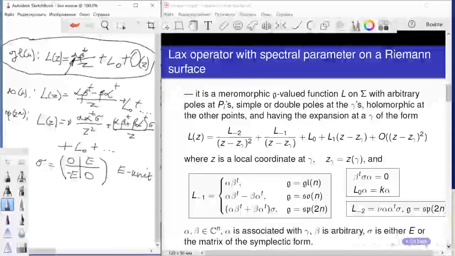Let's say I will try to explain where such a form of the Lax operator comes from, why the Lax operator of the Hitchin system is of this form, and all such questions.